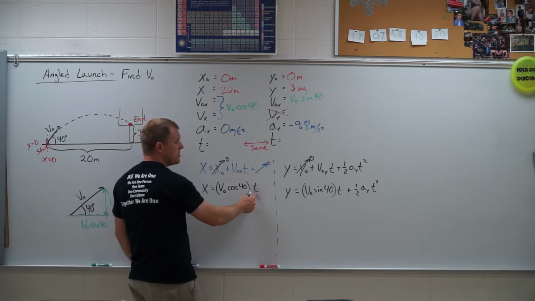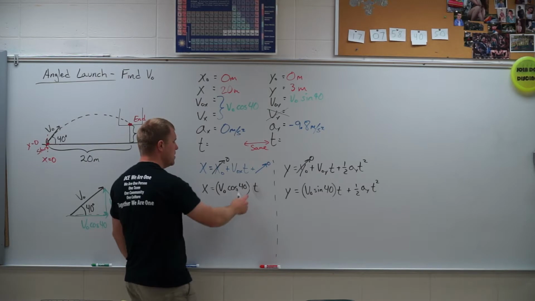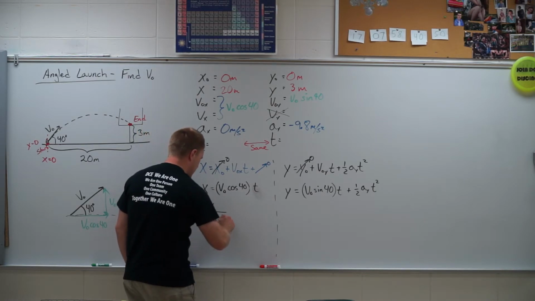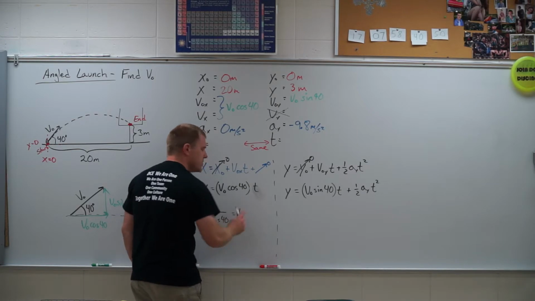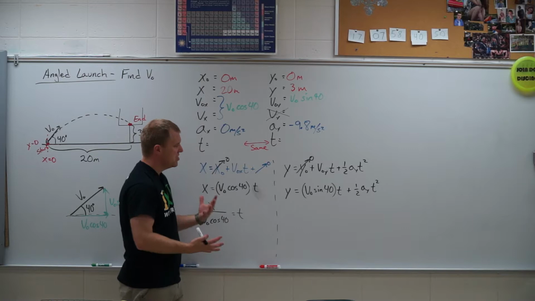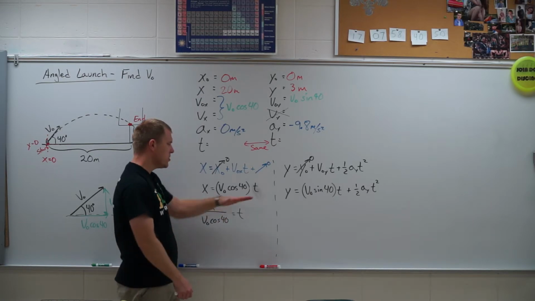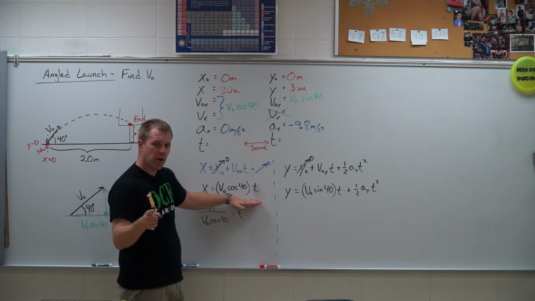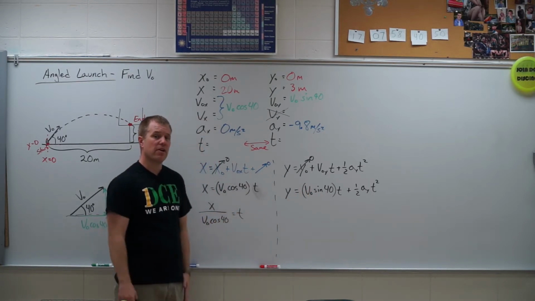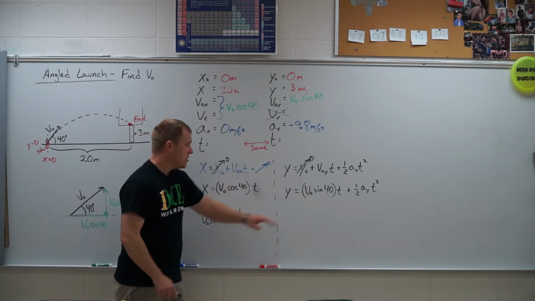First I'm going to solve for time here. So I get x divided by v0 cosine 40. I'm solving for time because whenever you have a system of 2 equations and there's no easy way to do it, you solve for the variable you don't want first, because you're going to substitute it in and get rid of that variable in your second equation. So let's do that here.